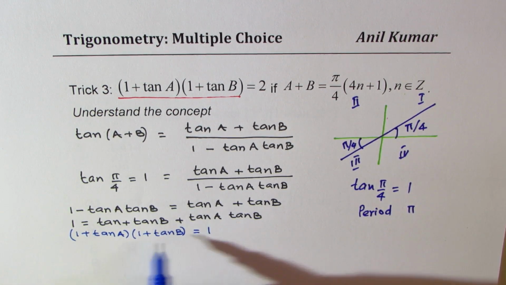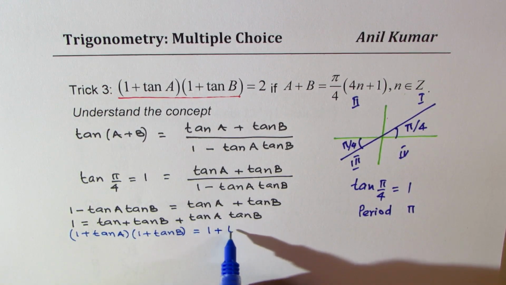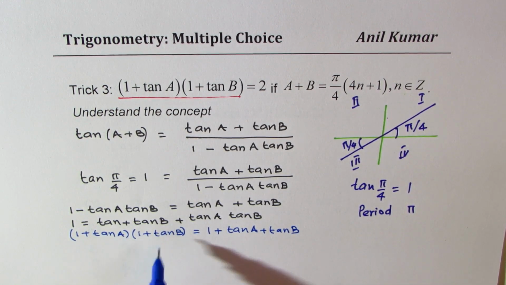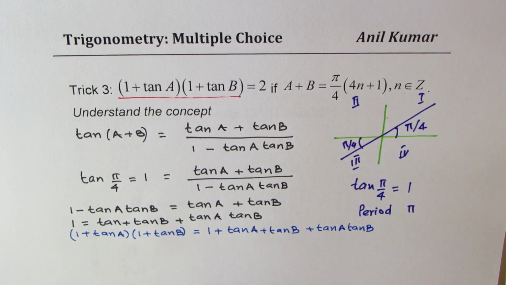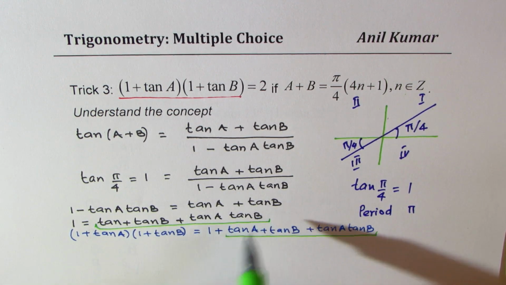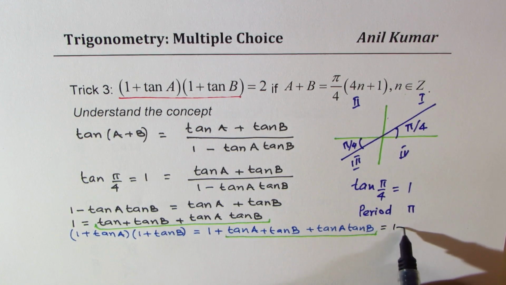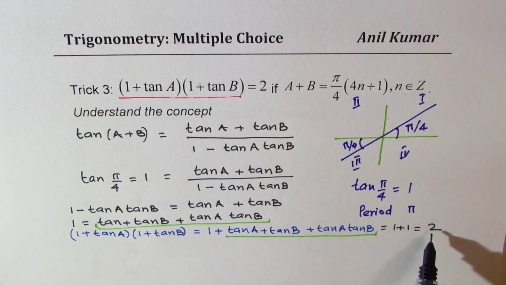If you expand, you get 1 times 1, and 1 times tan B and tan A, we get tan A + tan B. And when you multiply, you get plus tan A tan B. Now, as you can see here, we have shown that this portion is 1 for A + B equal to π/4, right? So I could write this as equal to 1 + 1, which is 2. So we basically get that this product is indeed 2.